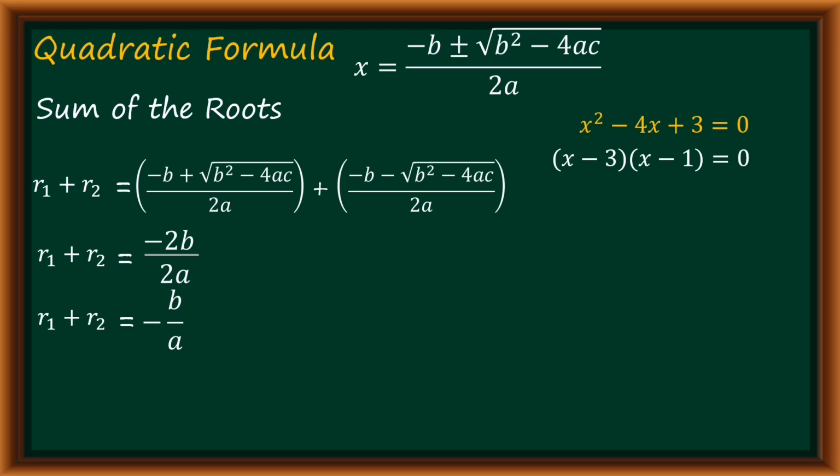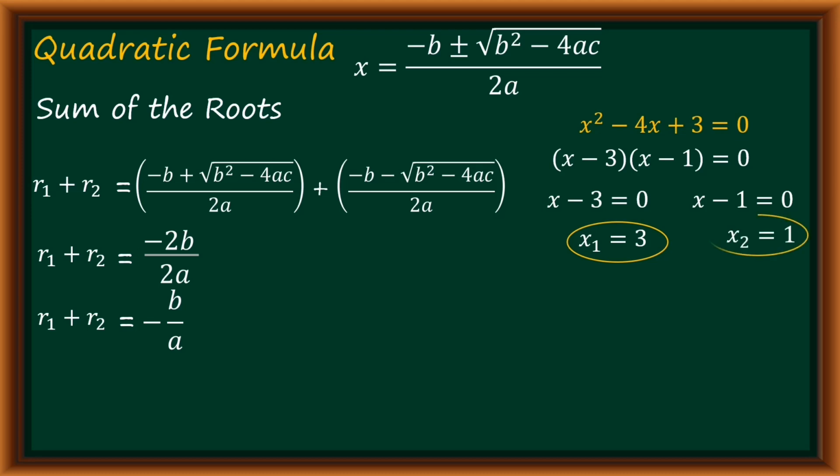Setting each factor equal to 0, x minus 3 is equal to 0, and solving, it will give us one of the roots as 3. And then the other one, x minus 1 is equal to 0. Solving it, we have the second root as 1.